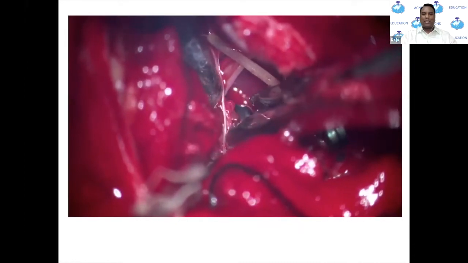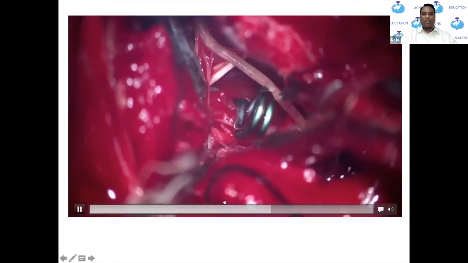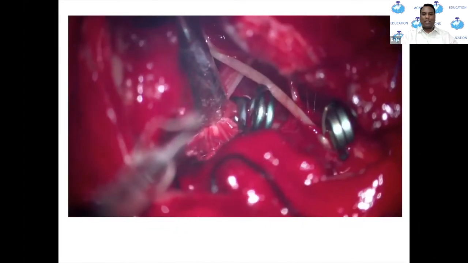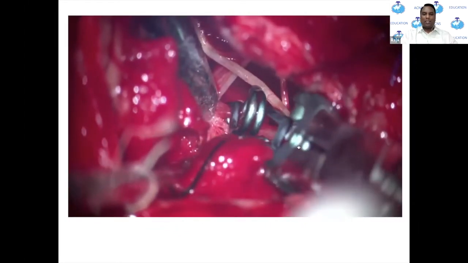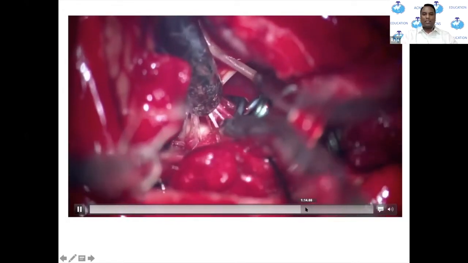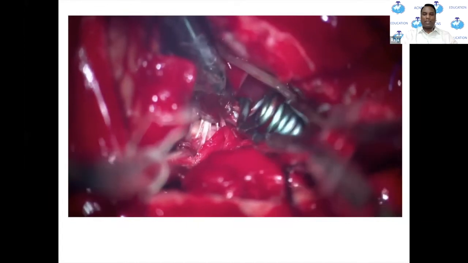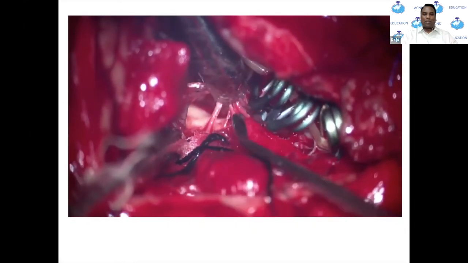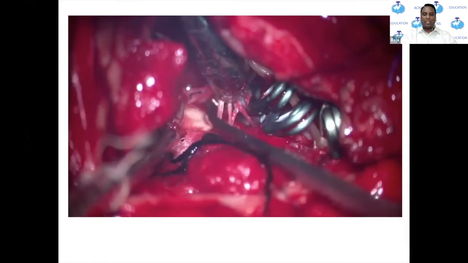And then we again reposition the clip, and it has not stopped again. And then again, I reinsert a third clip behind that clip, and we see that all the cranial nerves are sucked into the sucker.